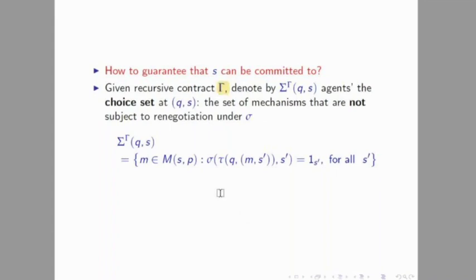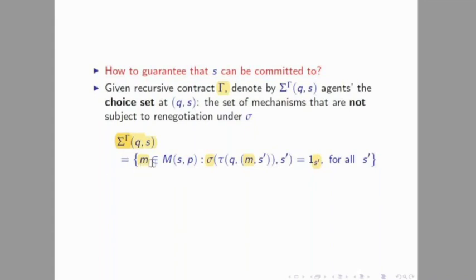We can identify through the recursive contract a set sigma, which is the set of feasible mechanisms under configuration Q and S that have the feature that if we choose that mechanism M and employ it, then in the next stage, through the transition function, the next stage configuration is such that our choice rule always implements the output that is generated by the mechanism.